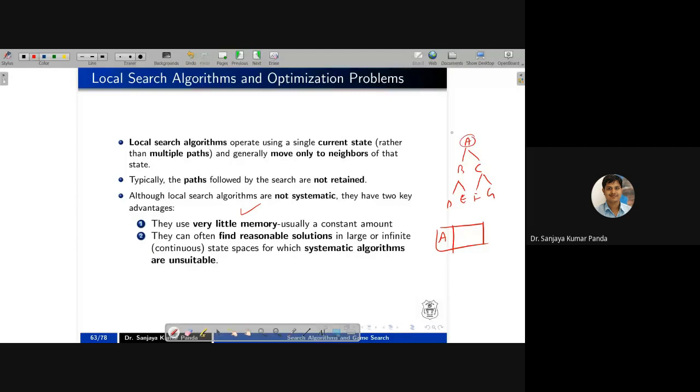You start with A, then you put B and check whether B is the goal or not. If B is not the goal, you have to remove B and put C here, because I cannot place A, B, C, 3 things in my memory, since I have very little memory.